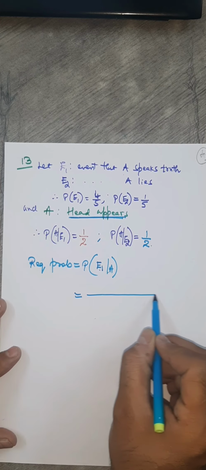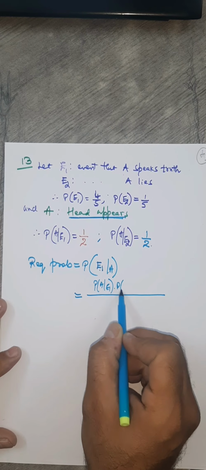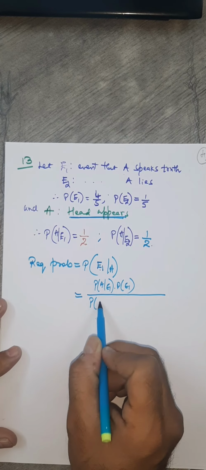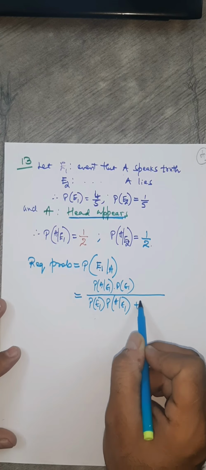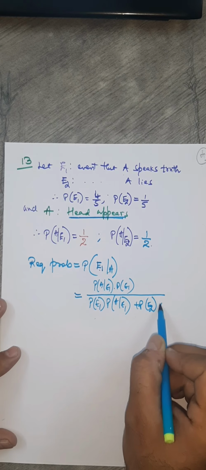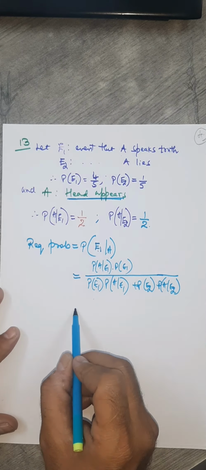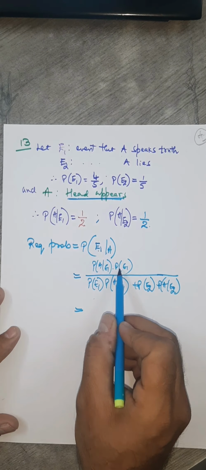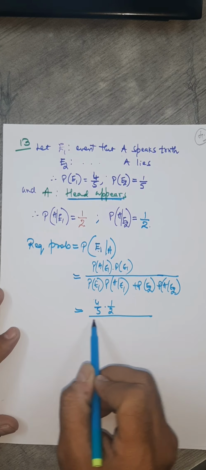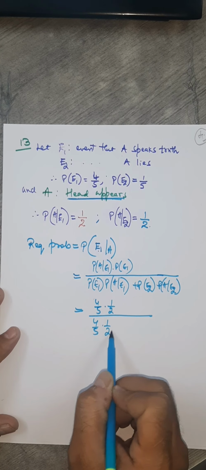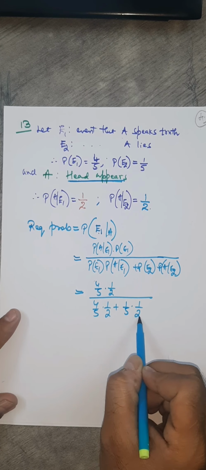Now we just use the result. This is P of A over E1 into probability of E1, upon P of E1 into probability of A over E1 plus P of E2 into probability of A over E2. Let's place the values here. P of E1 is 4 by 5, into 1 by 2, upon 4 by 5 into 1 by 2 plus P of E2, that is 1 by 5, into 1 by 2.